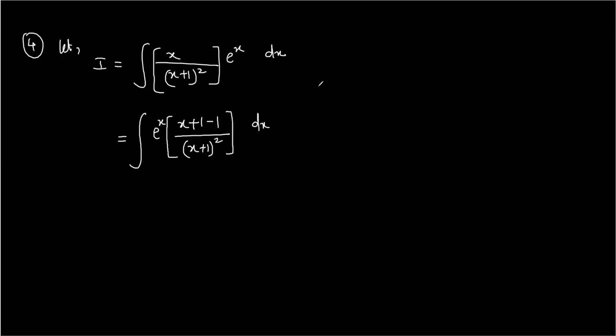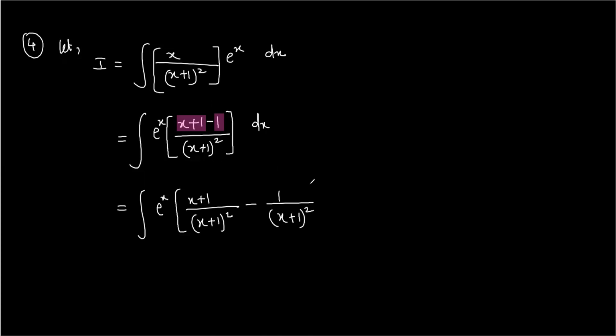So next step, you split this denominator, x plus 1 square, for this and this. See what you get. You get I equals e raised to x, and you get x plus 1 upon x plus 1 square, and here you get minus 1 upon x plus 1 square, and dx.